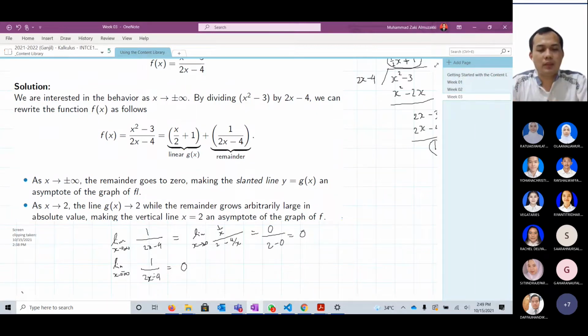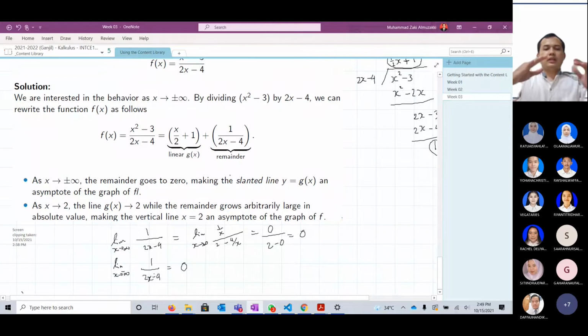Jadi 1 dibagi 0, tapi karena kita mau menghitung limit x menuju 2, kalau dari kanan dia 4 lebih sedikit, dikurangi 4 adalah positif 0,0000 sampai panjang terus 1. Jadi 1 dibagi suatu bilangan positif yang sangat kecil dekat dengan 0, nilainya adalah positif tak hingga. Kalau menuju 2 dari kiri, remaindernya 1 per 2x min 4 akan menuju negatif tak hingga.